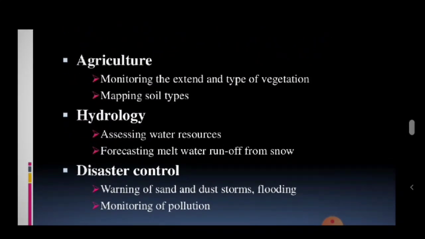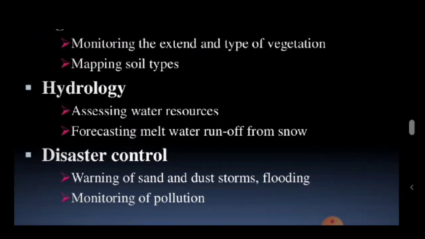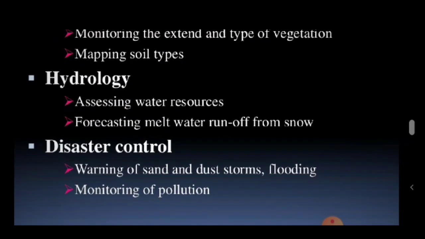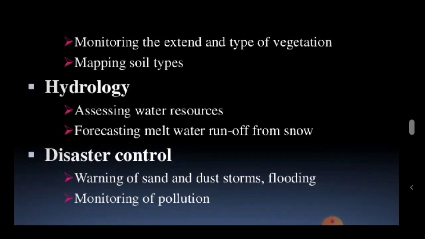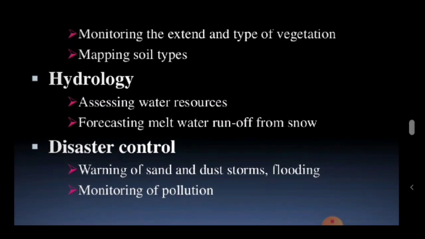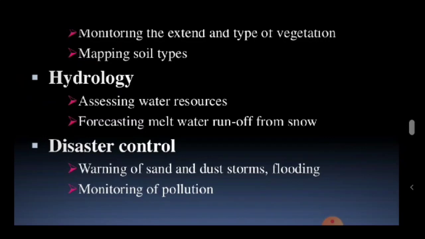Whenever a disaster happens, the media always shows one thing for sure, how the disaster spread throughout the area using remote sensing images, satellite images. Monitoring pollution, air pollution, maybe ground pollution, anything can be done using remote sensing images, and also hazards, emergencies.